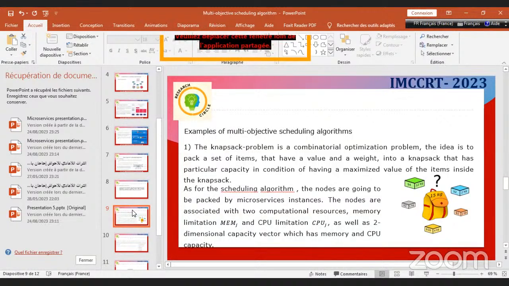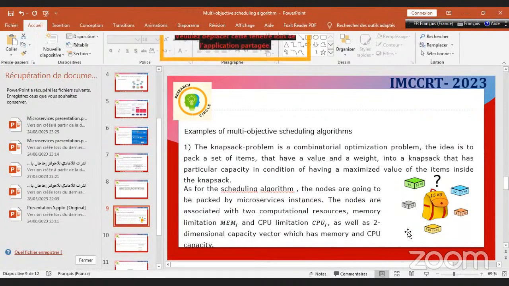The knapsack problem is a combinatorial optimization problem. The idea is to pack a set of items that have a value and a weight into a knapsack that has a particular capacity, with the condition of having a maximized value of the items inside the knapsack.